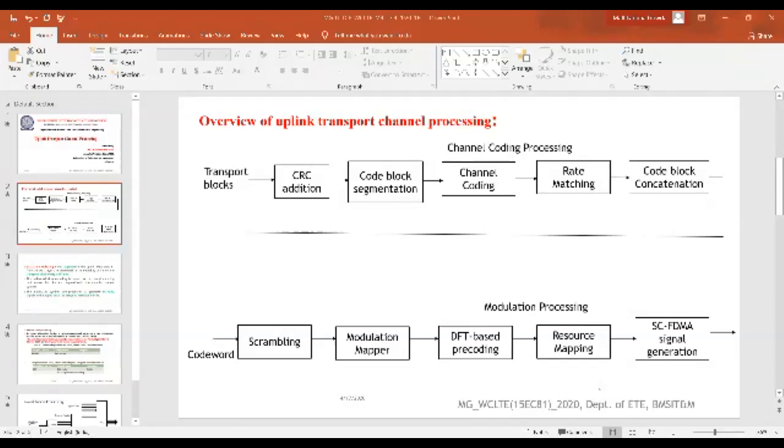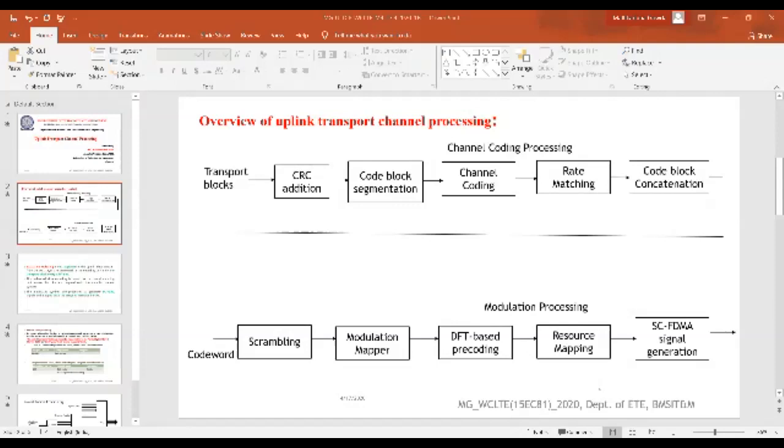So the main difference here is that the uplink does not support spatial multiplexing. Because of that, only one transport block per subframe will come. Okay, so that is the difference. And then the code word will be applied to the scrambling, then undergoes modulation mapping, then DFT based pre-coding.